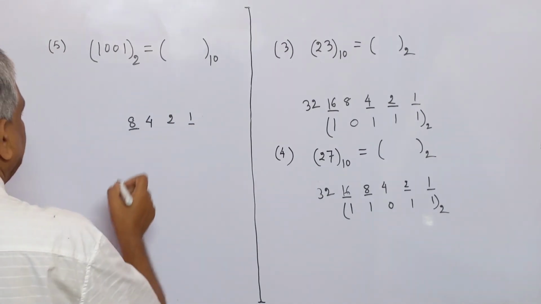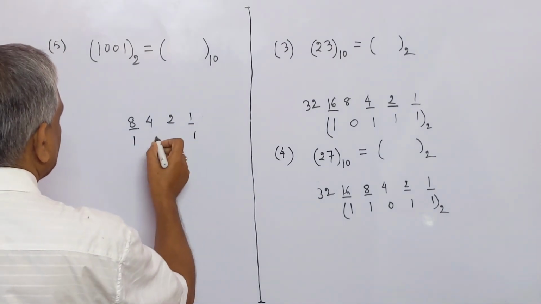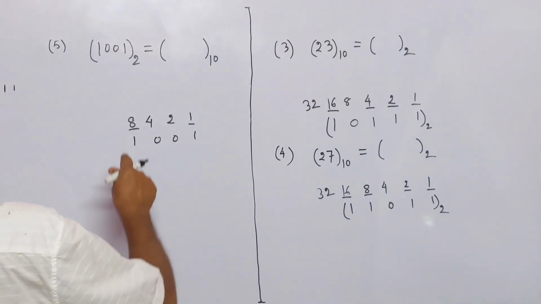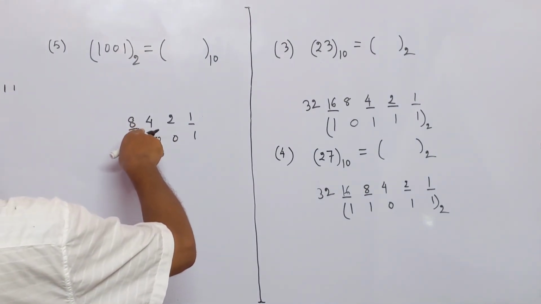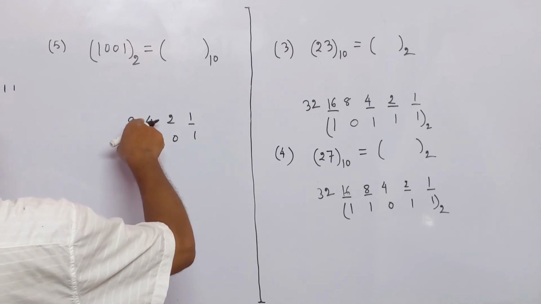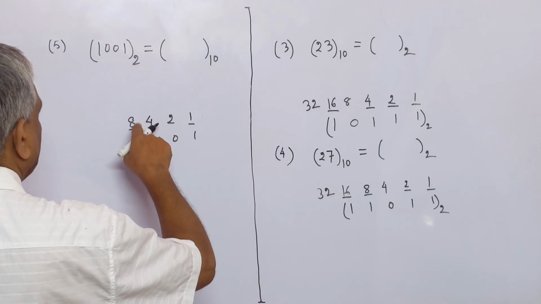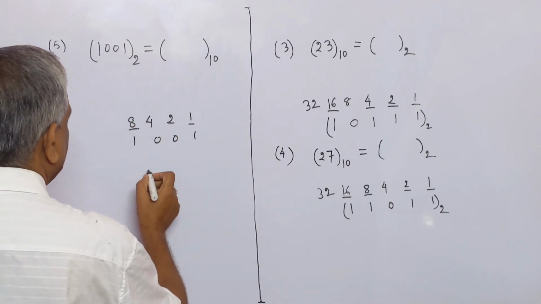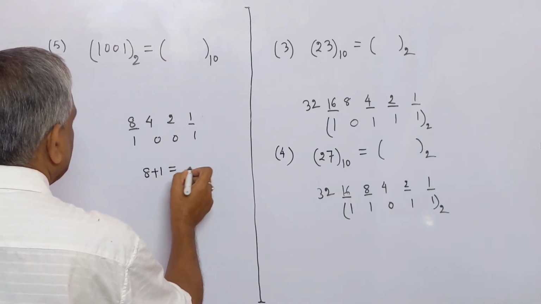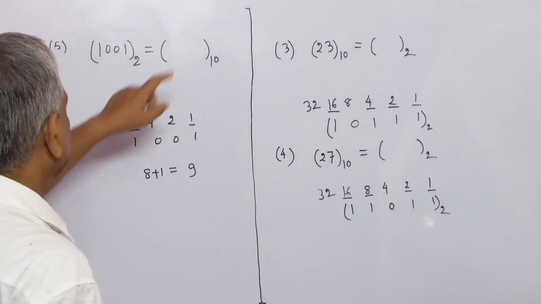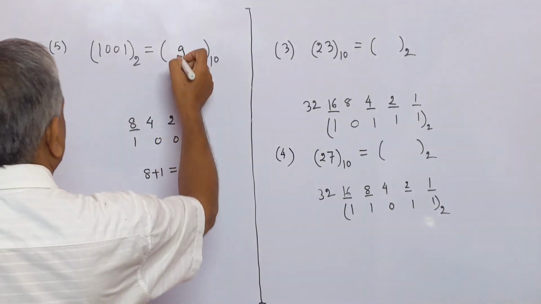And so we write here 1, here 1, rest places 0. Now we take that here we have a bar in 8 and a bar in 1. So the number will be 8 plus 1, that is 9. So the number in decimal system will be 9.